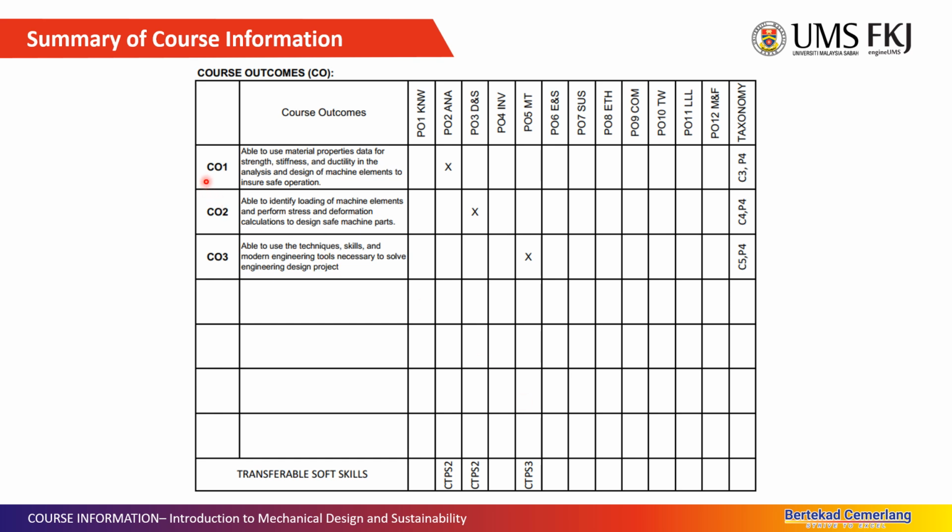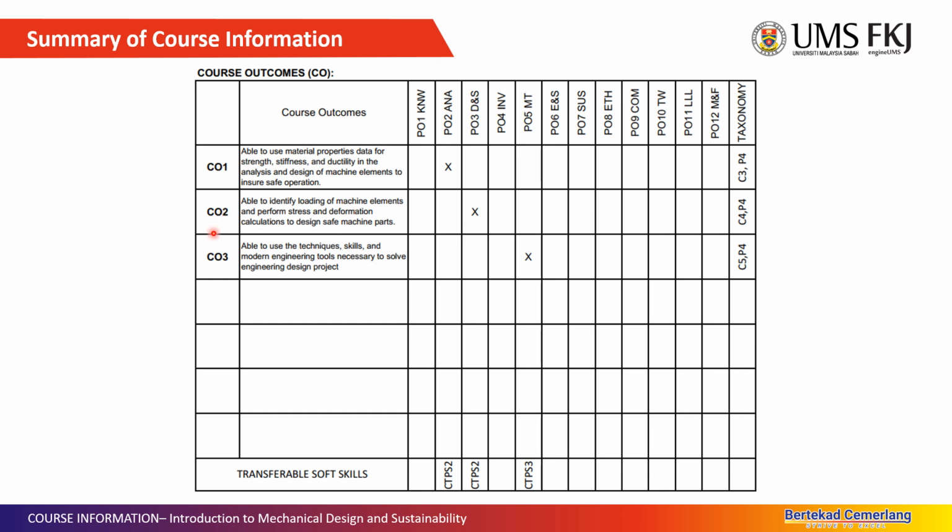For course outcome CO1, you will be able to use material properties data for strength, stiffness, and ductility in the analysis and design of machine elements to ensure safe operation. This one is mapped to PO2, taxonomy C3P3, and transferable soft skill CTPS2.